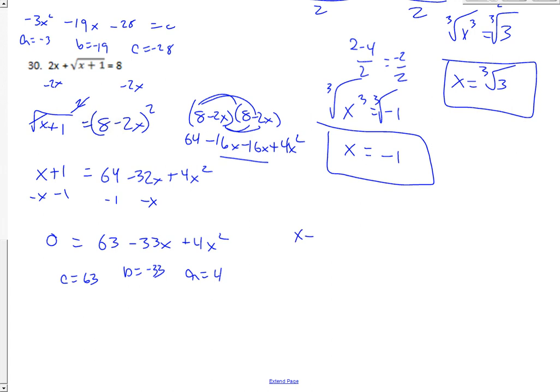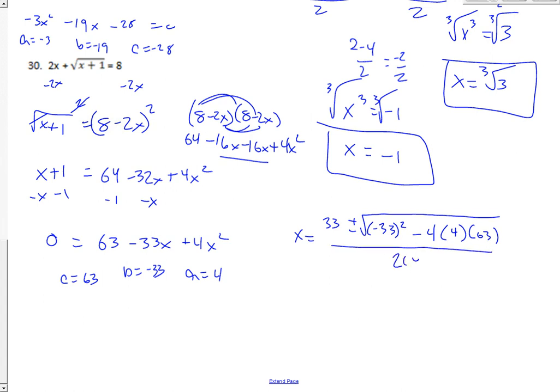So x equals, opposite of negative 33 is positive 33, plus or minus, square root of negative 33 squared minus 4 times 63, all over 2 times 4.